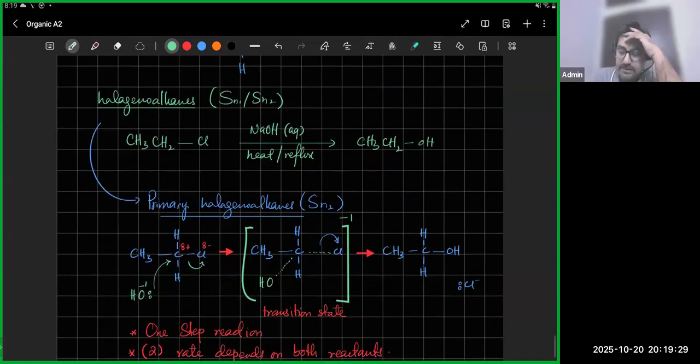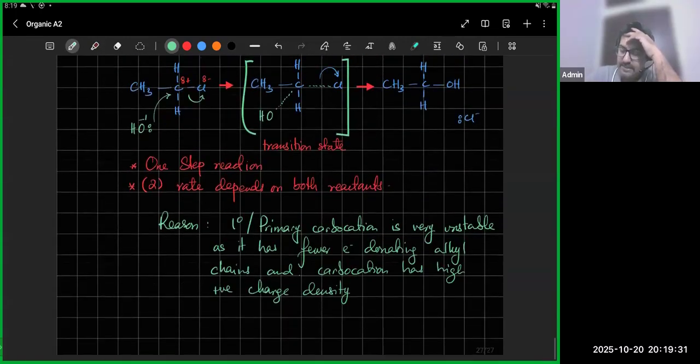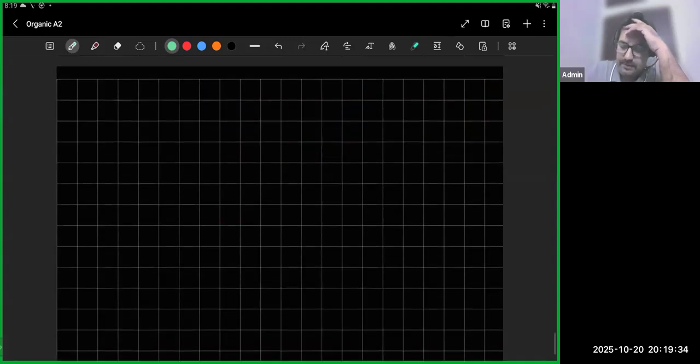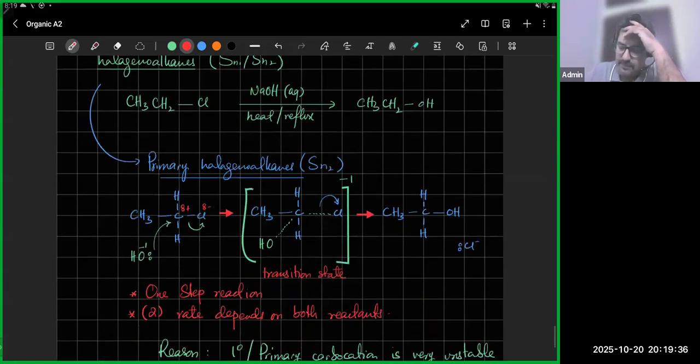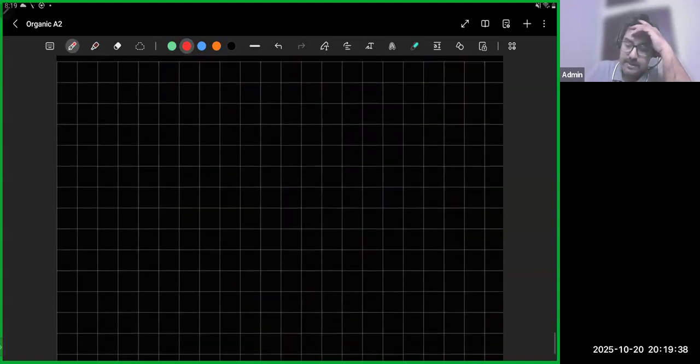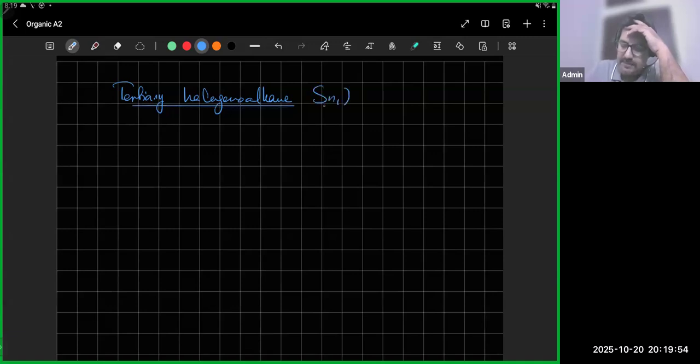Okay, the second one was the tertiary halogenoalkane. We'll do that quickly as well. Tertiary was where the carbocation would form, because it's easier to form the carbocation. The SN1 mechanism is that you've got CH3, you've got 3 carbon chains.